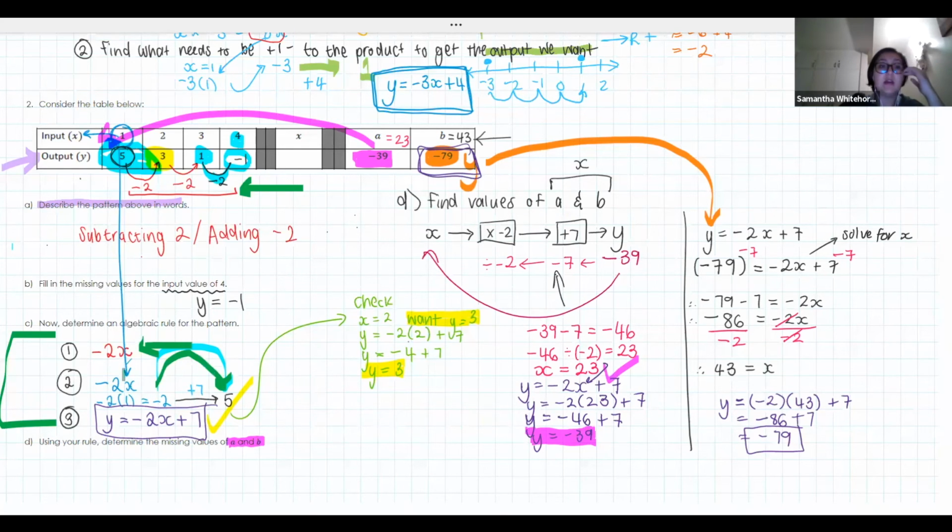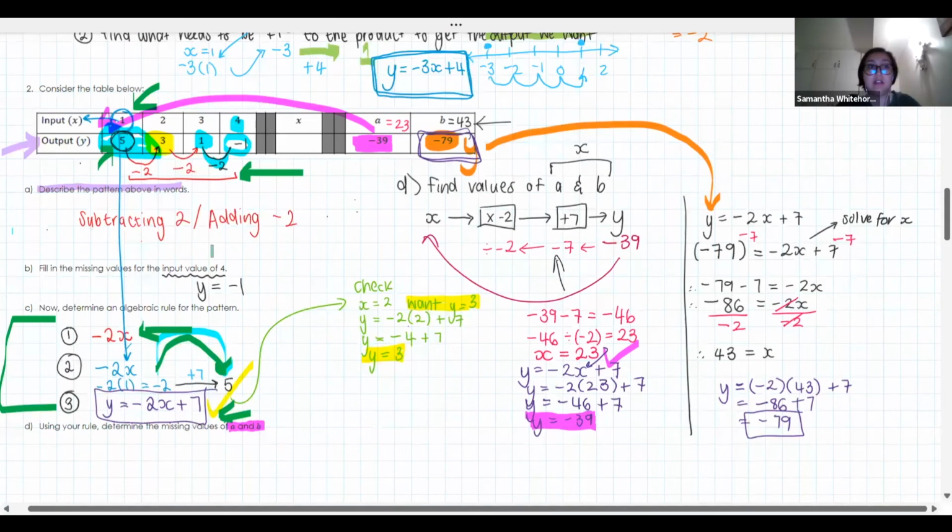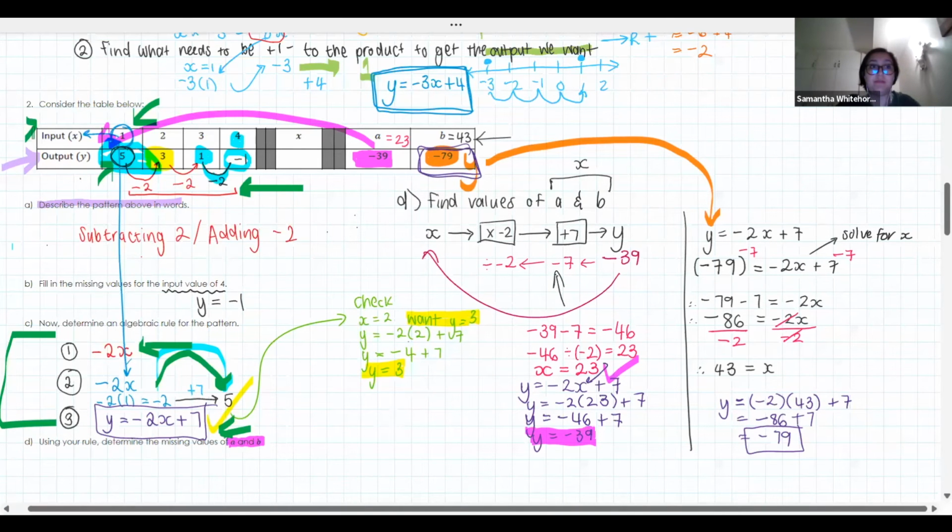So remember, 2 times the input of 1 is -2, but I want an output of 5. So I needed to ask myself how I got from -2 to 5. Well, I added 7, and so that's how I got to my rule. I just followed the 3 steps that we did here in question 1. The x and 2x is the input. It comes from the table.